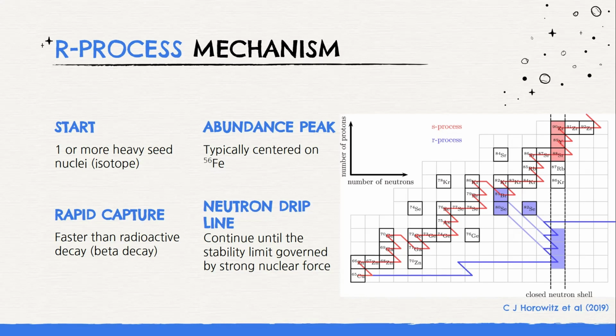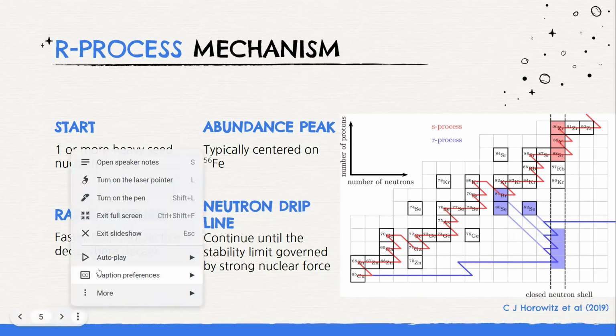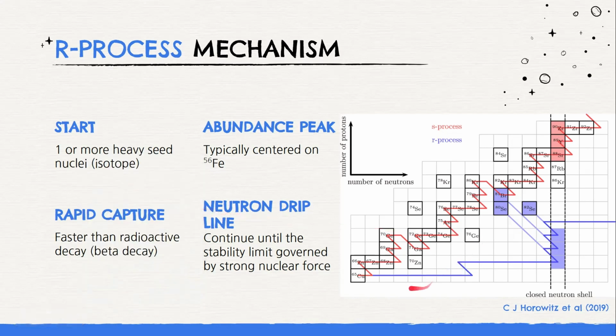You can see on the right there's this diagram which shows the R process and S process. On the x-axis is the number of neutrons. For the R process, it captures neutrons very fast, so it can capture a lot of neutrons, and then maybe some beta decay occurs, and then a lot more neutrons, and it goes to this closed neutron shell here.